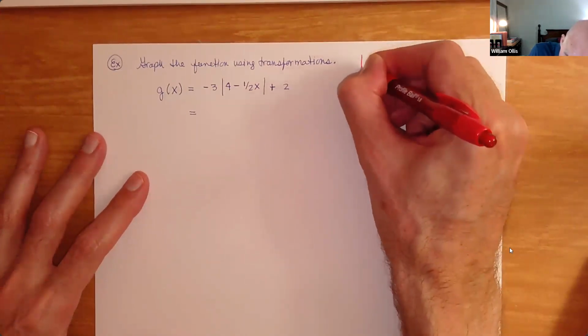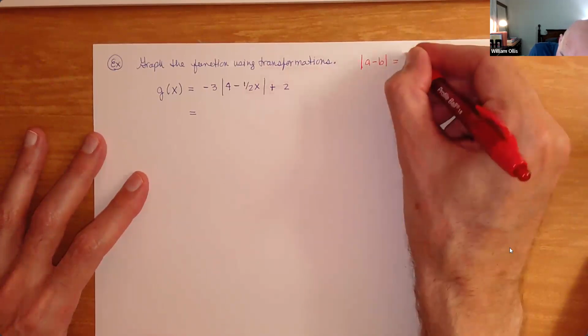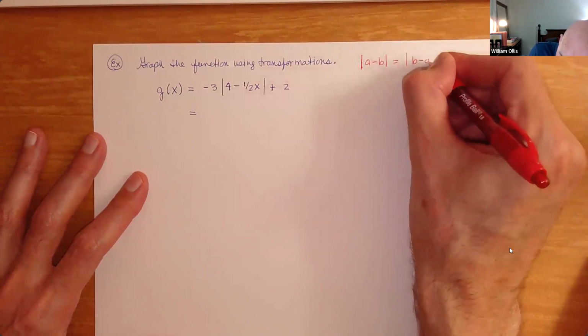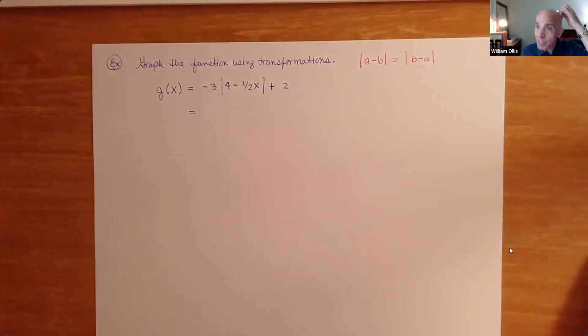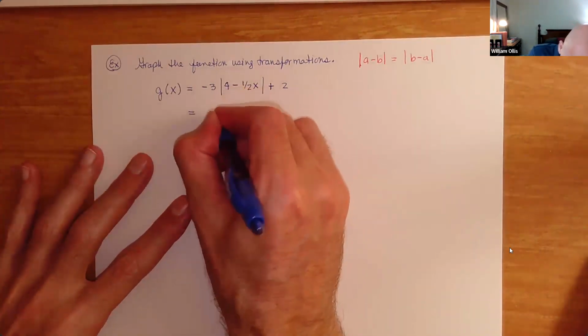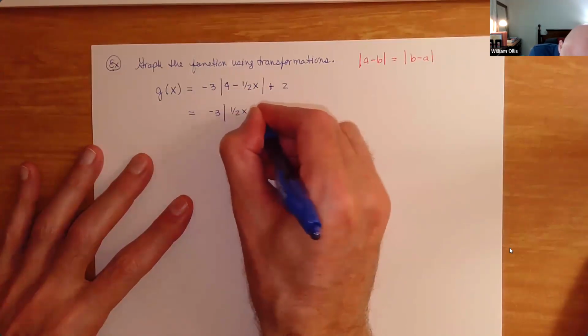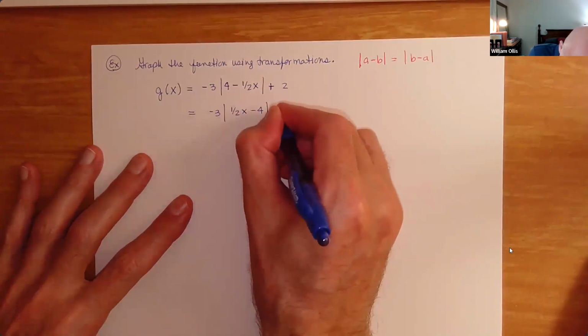And absolute value is our friend. So the absolute value of a minus b is just the absolute value of b minus a. So we have that luxury that we don't have with the square root function. So feel free to use it. So we have -3 times the absolute value of 1/2 x minus 4 plus a 2.